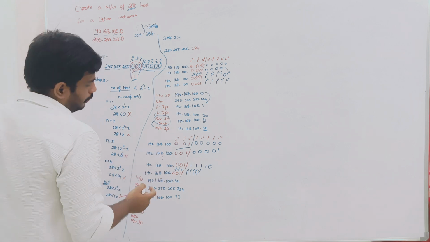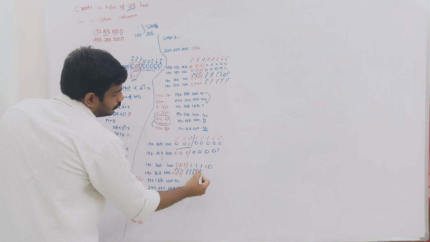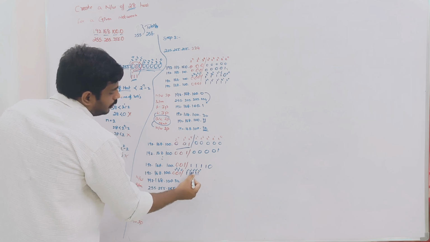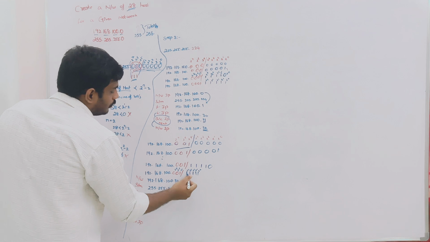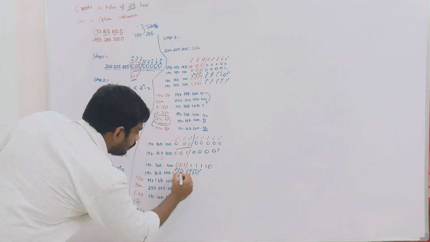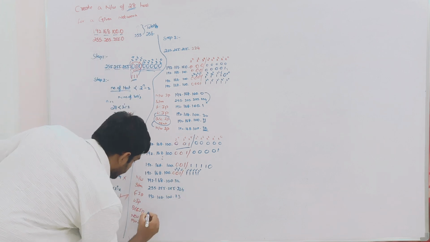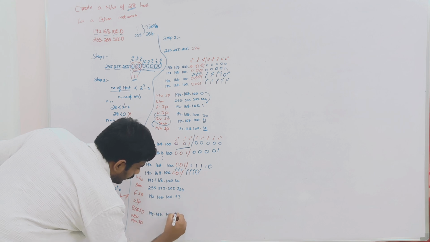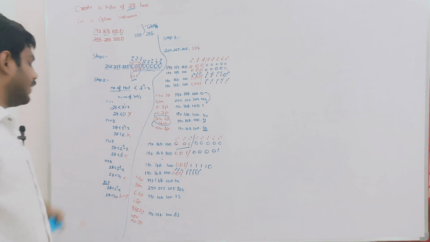So if you multiply 1 cross 2 power 0, 1 cross 2 power 1, 1 cross 2 power 2, 1 cross 2 power 3 plus 1 cross 2 power 4 plus 1 cross 2 power 5, you will get 63. So what will be the broadcast IP? 192.168.100.63 will be the broadcast IP.